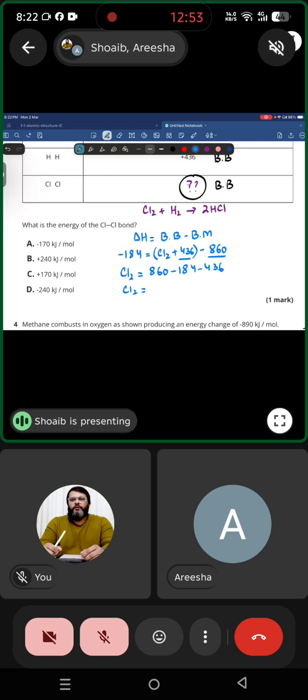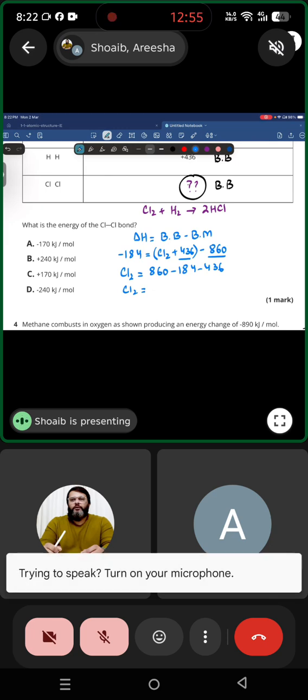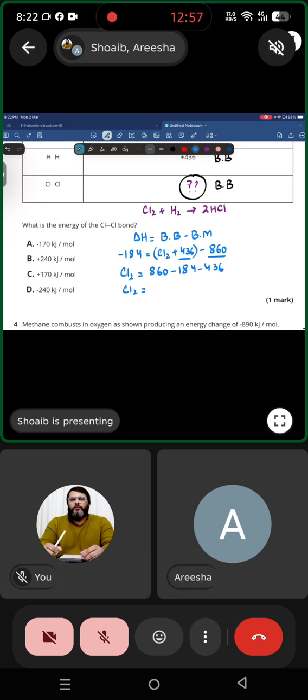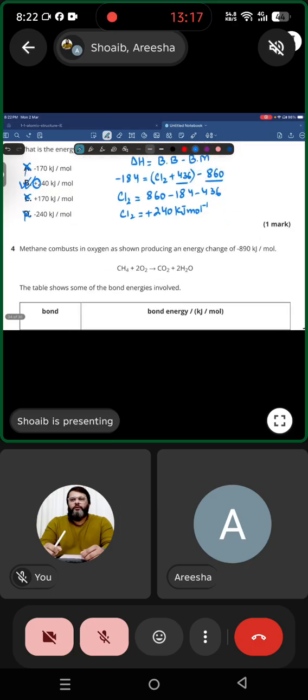Positive or minus? Positive, very good. Positive 240 kilojoules per mole is the correct answer. So B is the correct answer as the positive sign is here. So A, C, D are not the correct answer. Now the next question.